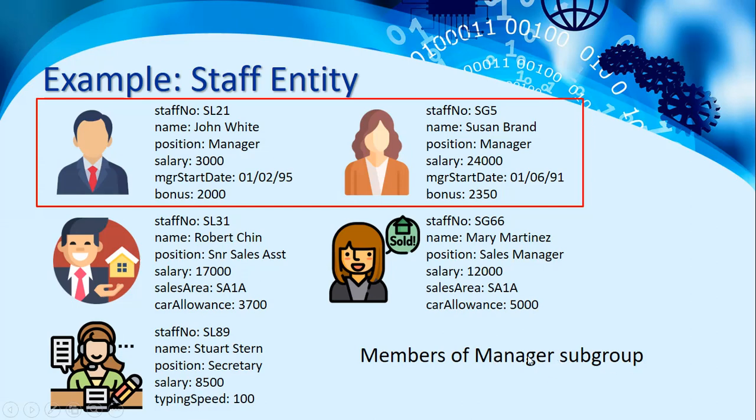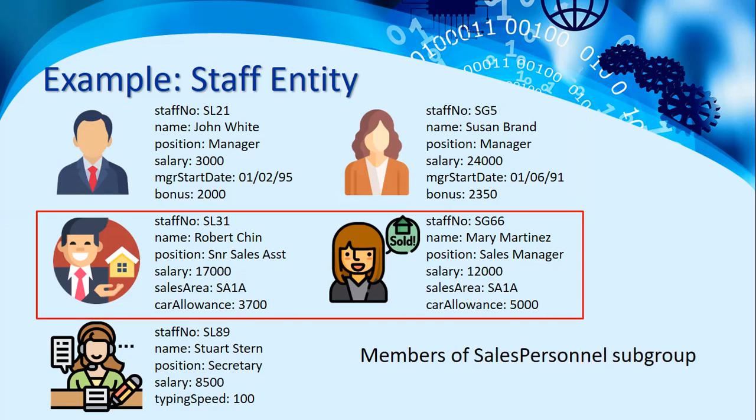In other words, these are managers. For the second row, these two also have the same set of attributes, sales area and car allowance. It's because these two members are members of the salesperson subgroup.